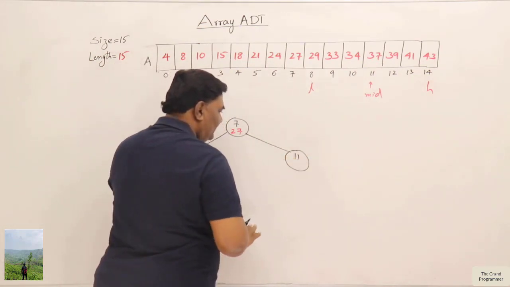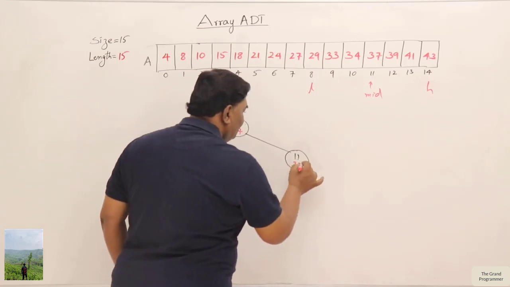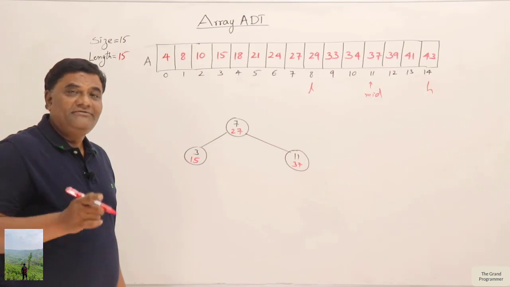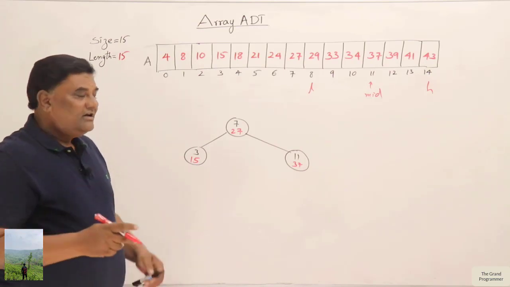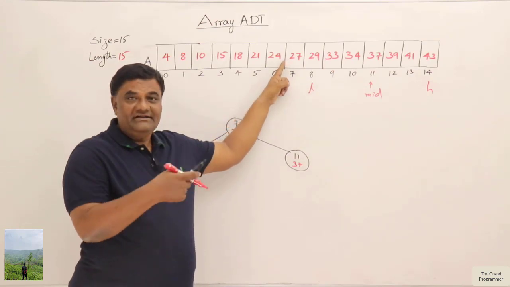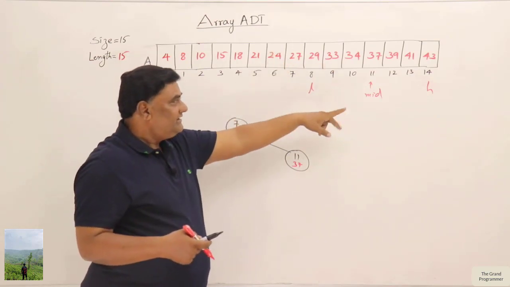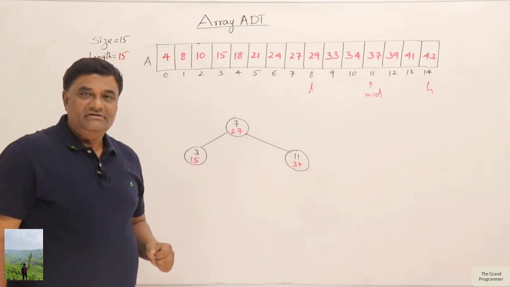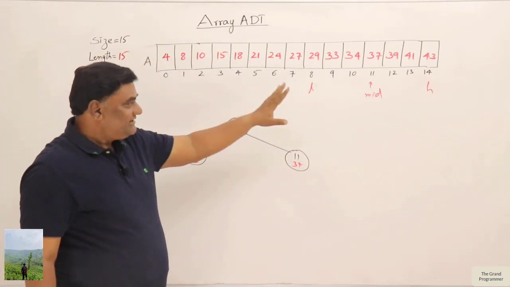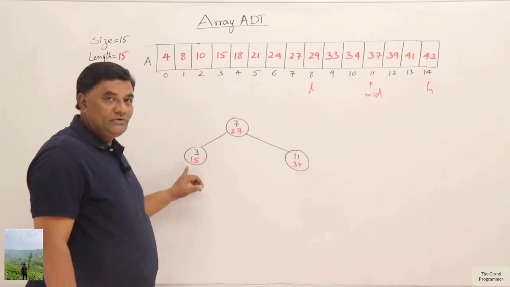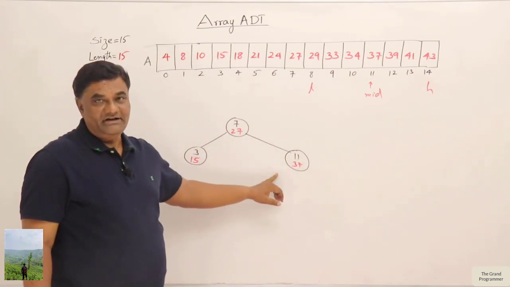So if you are searching for 37, then it will be found in just two comparisons. First time we will check index 7, that is 27, element is greater, go on the right side, take the mid, we get this mid, element will be found in two comparisons. So from this list, this will be found in one comparison and this will be found in two comparisons and this also in two comparisons.